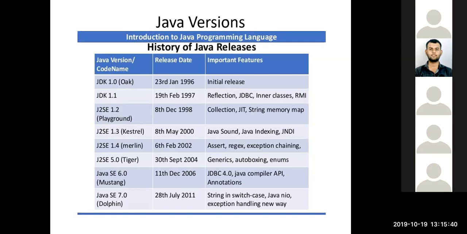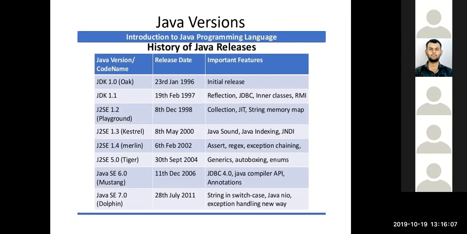It is an important feature through which we can communicate with any context through naming and directory interfaces. There are also Java indexing and Java sound; we can skip those right now because they are very rarely used.